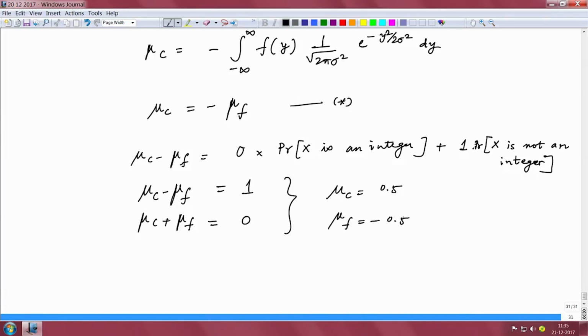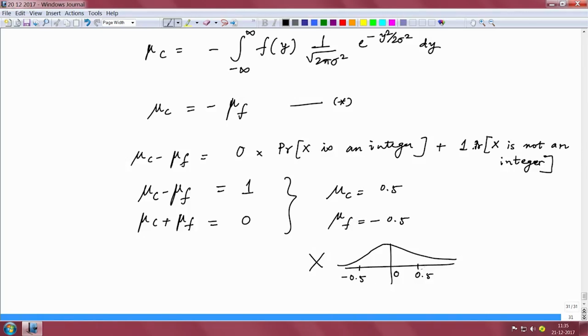Now, just to ponder upon the results we have got here, originally x was a continuous random variable. It was taking both positive and negative values, and it had a mean 0. So, what is happening essentially is the ceil function has a mean around 0.5 and the floor function has a mean around minus 0.5.